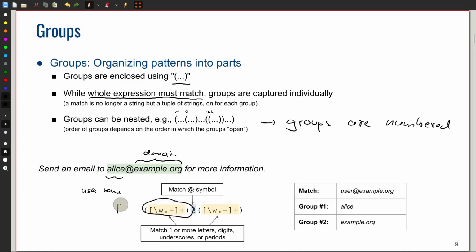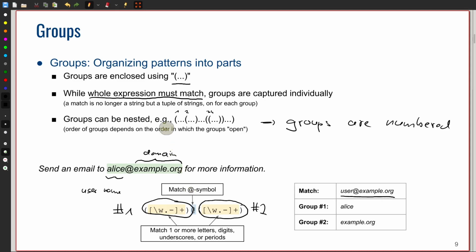So this will be our group 1, and the same for our domain group. In both cases we use parentheses. So overall we still match the whole email address. All the parts have to match, the whole expression must match, so there's no change. But now we have access to these individual groups.